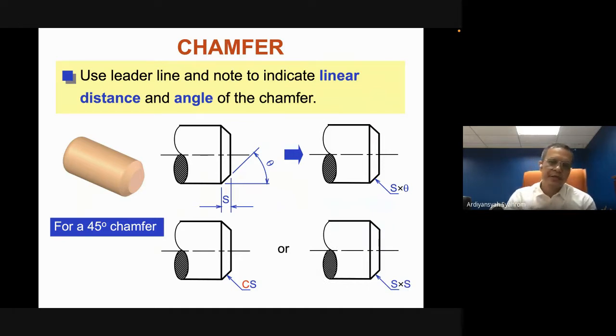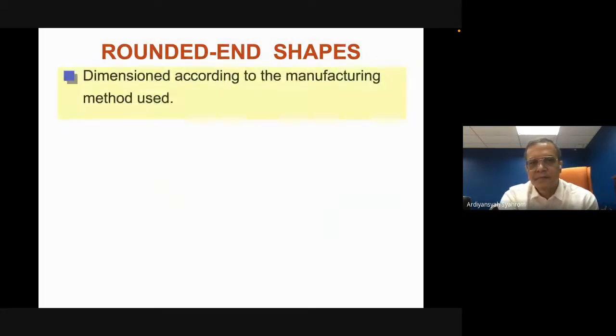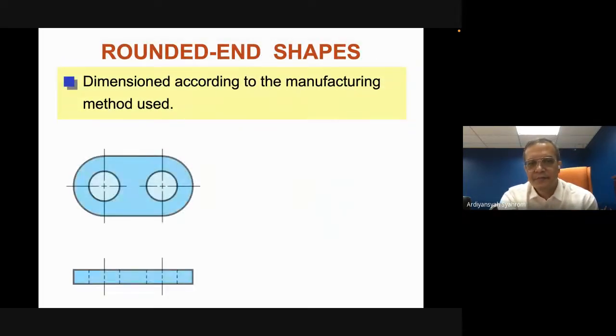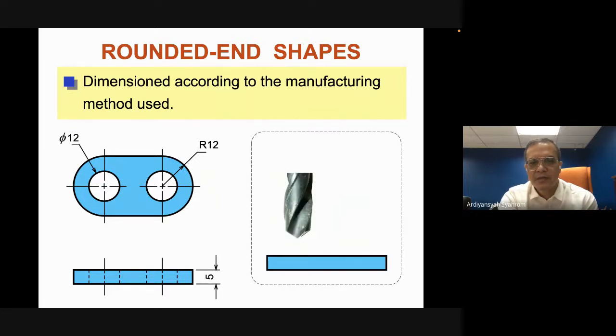Okay, you can give all the dimensions. Round end shape. That is diameter. That is the thickness.